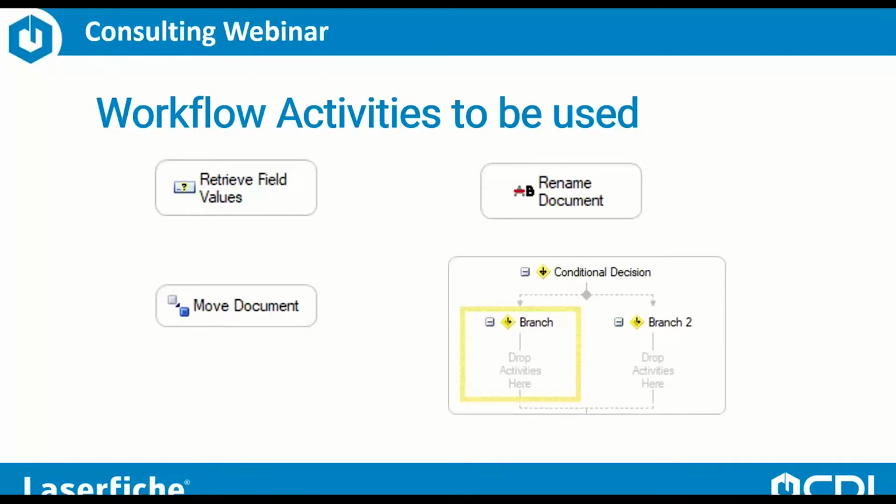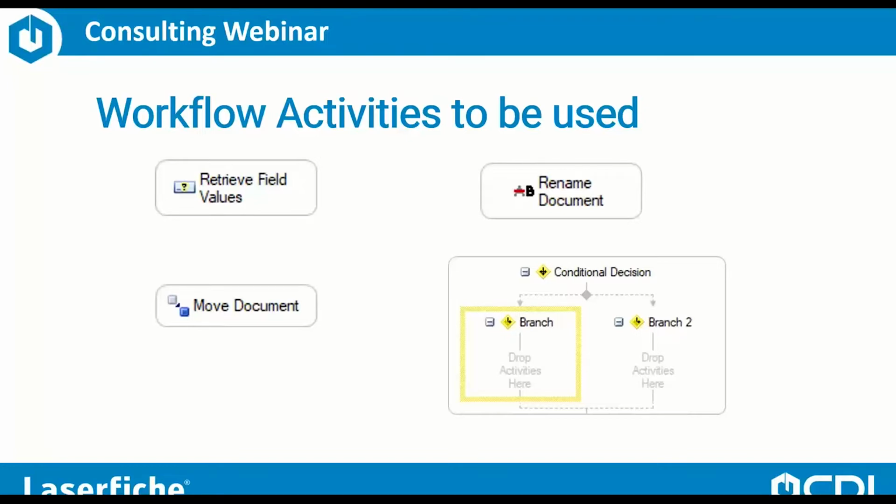We'll be using a handful of activities during the demo today. We'll be using the Retrieve Field Values activity to retrieve the template field information that is assigned to the document. We'll use the Move Document activity to move the document from the incoming scans folder to the appropriate location in the repository.